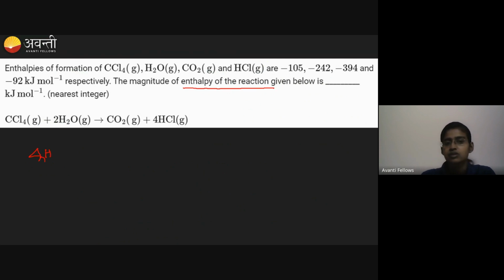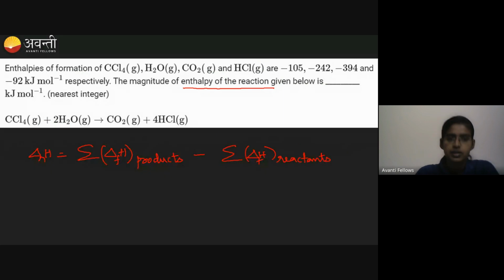It is equal to summation of delta HF of products minus summation of delta HF of reactants, right? Straightforward formula. Now all the reactants and products are in gaseous phase. Just straight away substitute everything.